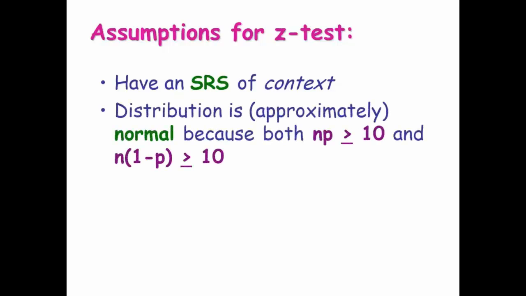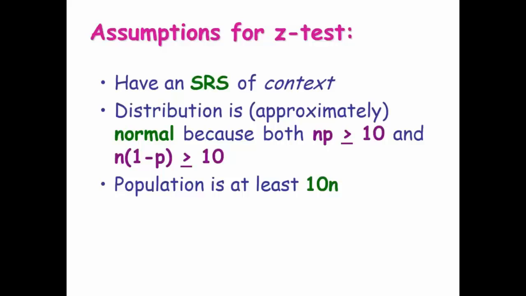Because we're dealing with proportions, we need to check a normality condition. So normality simply means that our sample size is large enough to show that n times p is greater than or equal to 10 and n times 1 minus p is greater than or equal to 10. And then we have sort of an independence condition that our population is at least 10 times larger than the sample size.